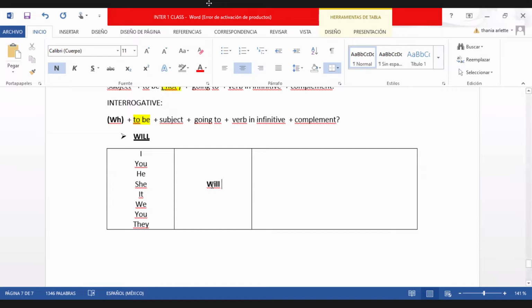But if you want to use a contraction, yes, why not? There is a contraction. So we have this advantage here. Will has a contraction. Should doesn't have a contraction. Could doesn't have a contraction. Would is with the apostrophe D. And this one, will, the contraction is with the apostrophe double L. So the contraction is like this.